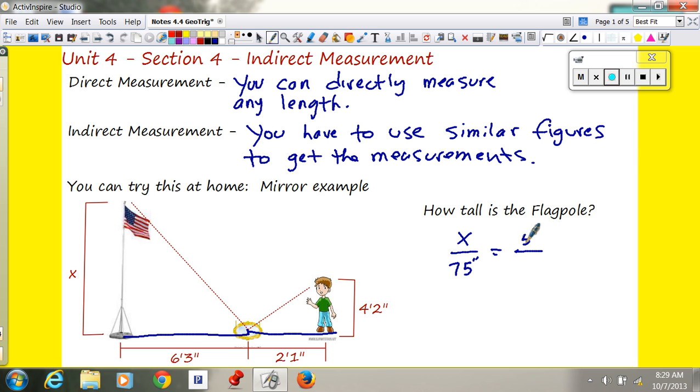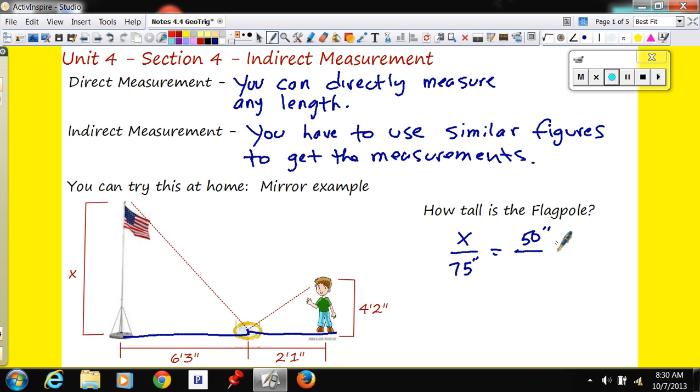Okay, so I'm going to use 50 inches over what's 2 feet 1 inch? 25, because 2 feet is 24, plus 1 would be 25 inches. You see how I kind of made all nice numbers for us there? 25, 75, 50.